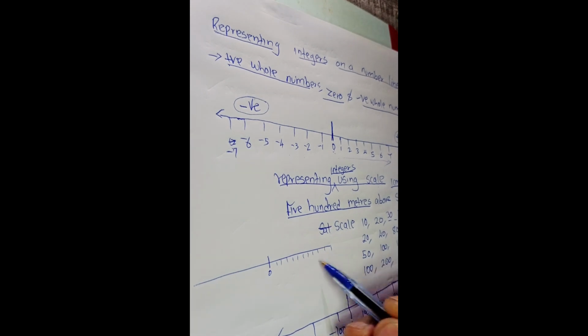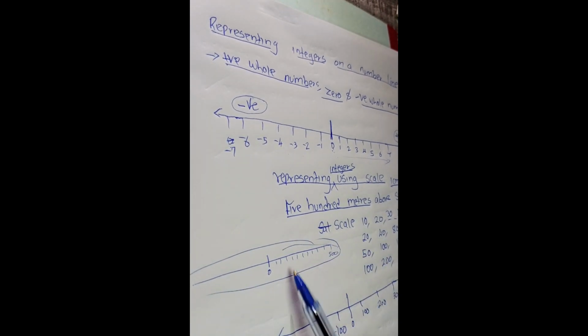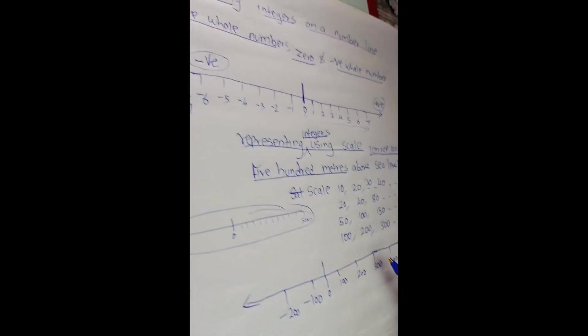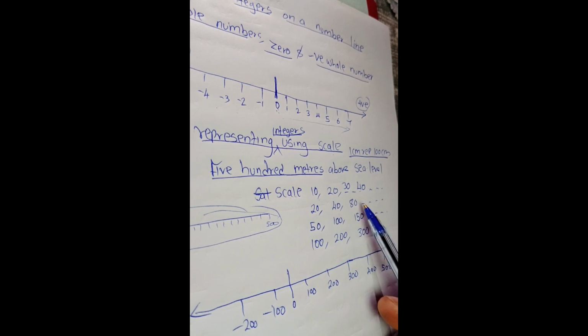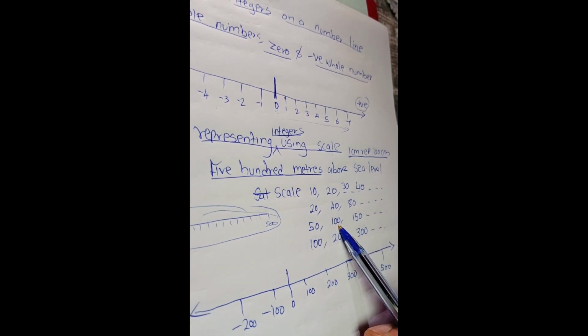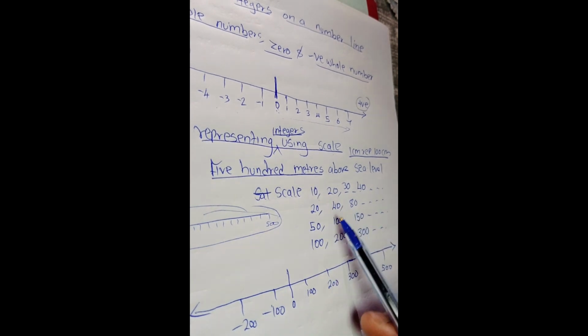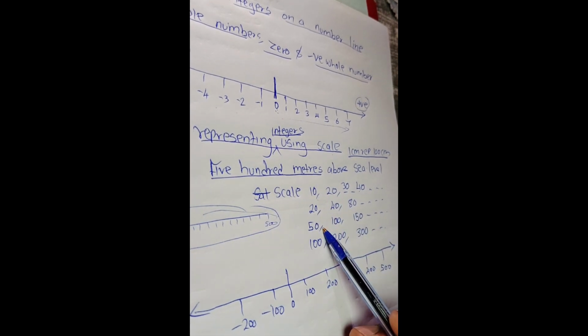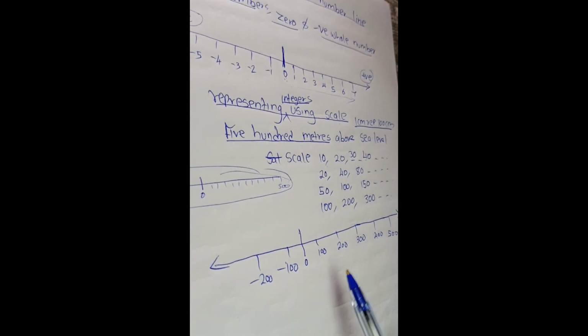So you draw it up to 500. You just represent this 500 using a scale, and there are different types of scales. You can use 10, 20, 30, 40, and the rest. You can use 50, 100, 150 at an interval of 50. This is an interval of 10, interval of 20, interval of 50, interval of 100, and the interval of 100 is the best.